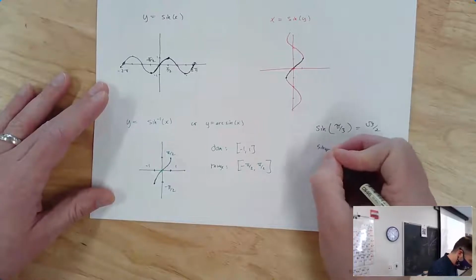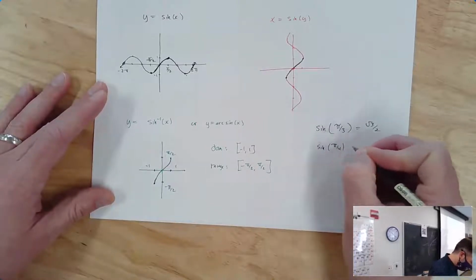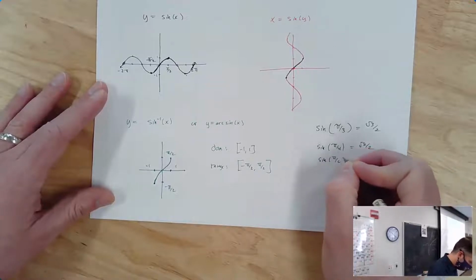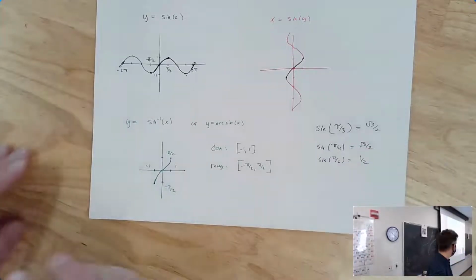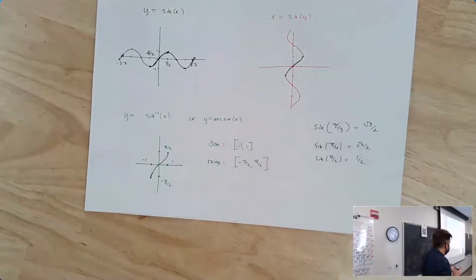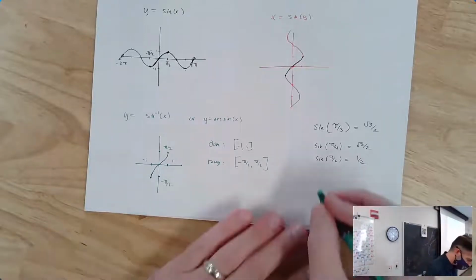Or sine of pi over 4 is the square root of 2 over 2. And sine of pi over 6 is 1/2. The reason I write these things down is because the inverse function, like every inverse function, just interchanges the roles of the input and the output. So sine of pi over 3 is root 3 over 2.